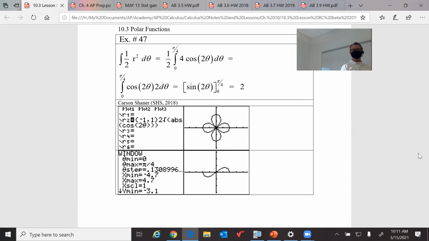Right? So this anti-differentiated itself because you had the 1/2 of the 4 reduced to the 2, which you needed for the d theta.